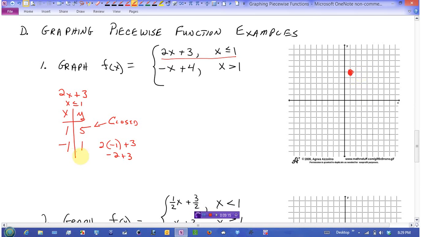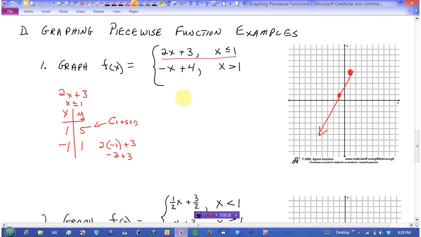Then the other point is a negative 1, 1. So I'll go to negative 1, 1. And this is for values of x that are less than or equal to 1. So the values of x that are less than or equal to 1 go this direction. So there's one half of my graph.